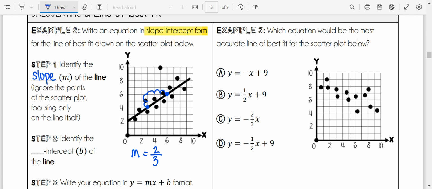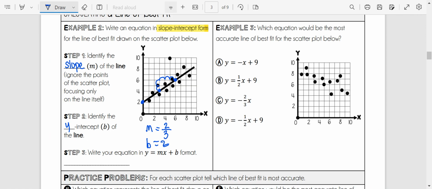And then we're going to identify the y-intercept on our coordinate plane. That would be 2. So our y-intercept is 2. Then we're going to go ahead and write our equation in slope-intercept form. We've got our slope of 2/3, and we've got our y-intercept of 2. So that would be our equation for our line of best fit.